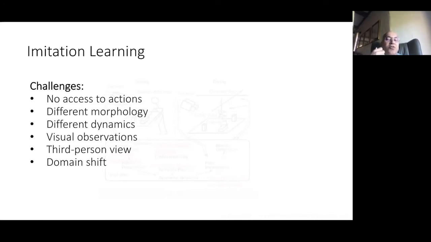The human and the robot have different morphology, different robots have different morphology, different dynamics, visual observations. We collect the data from a third-person view, but we have to execute in the first-person view. And very often there might be domain shifts.